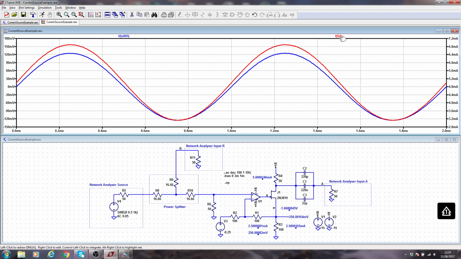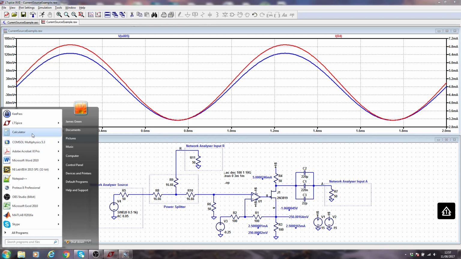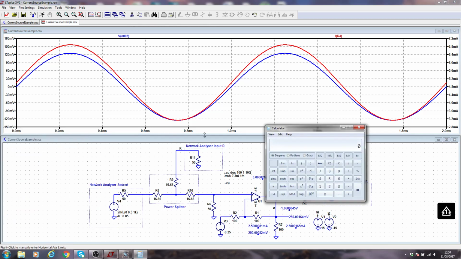Now I've got output current, which is what I care about, and an input voltage. And if you were to divide the maximum, it looks like it's about 6.85 by about 120 millivolts. You can do E-3 if you want at this point, that's okay. That hasn't rendered it properly, but never mind. Divided by 120 millivolt.